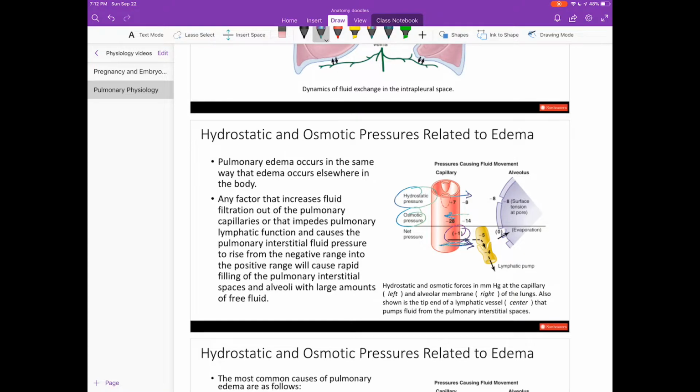In the alveolus, we have a net zero pressure between the inside of the alveolus and the outside of the alveolus. Notice that they're both at -8. So the only thing that would cause any sort of movement of fluid into the alveolus is actually evaporation, and it's really not that much.